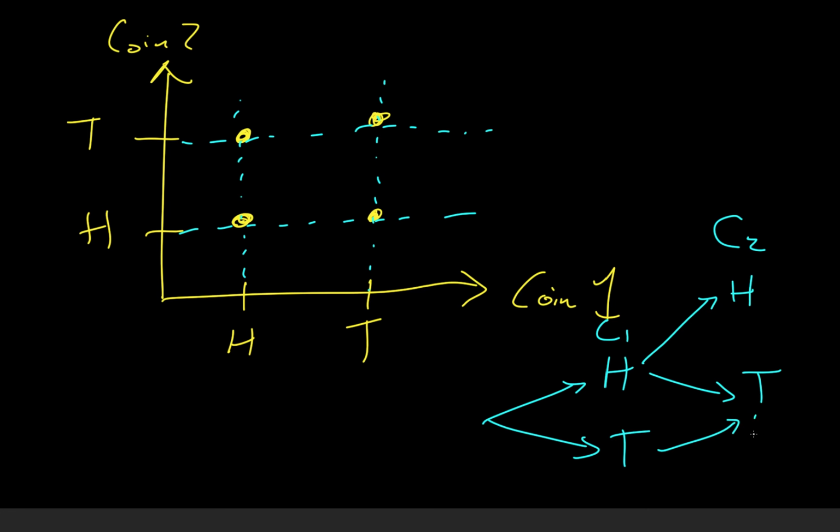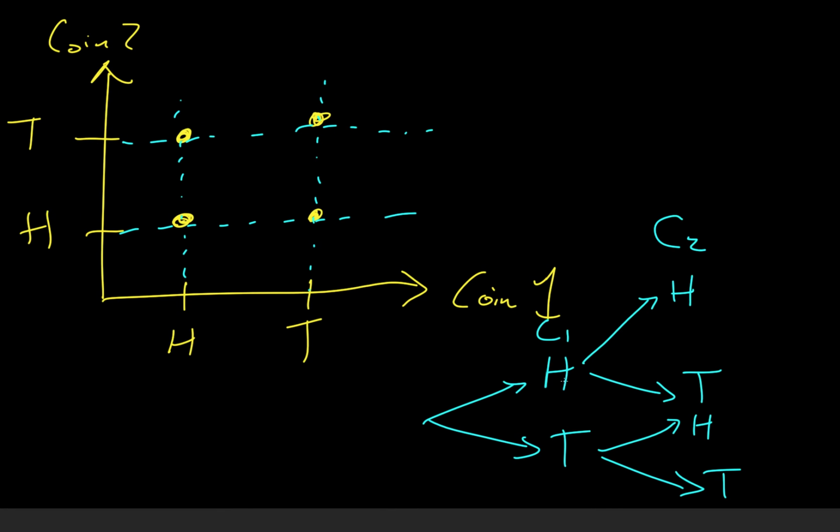And from that branch, you could have got heads, or you could have got tails. Okay? And then we can summarize the outcomes right here. We can say heads, heads. We can say heads, tails. We can say tails, heads, and we can do tails, tails. So these are the possible outcomes.